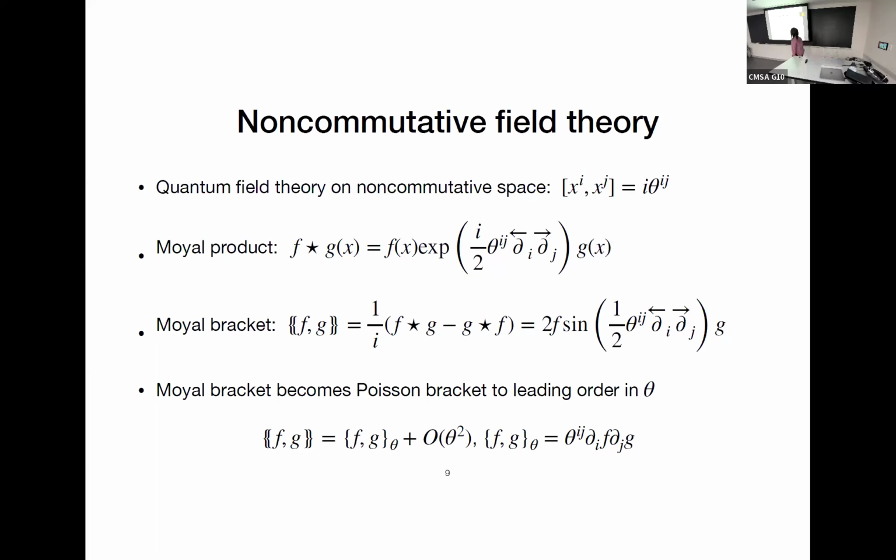One is that one can define the product of two functions by this Moyal product, as you can see, defined like this. And by using this Moyal product, one can also find the Moyal bracket, due to the definition of the Moyal product.